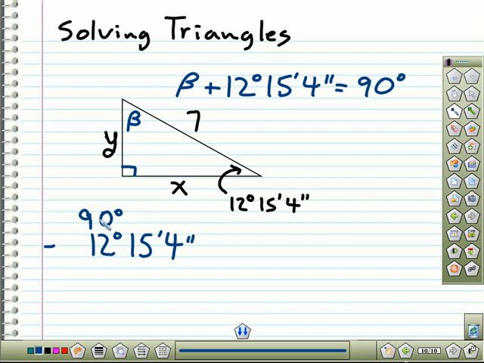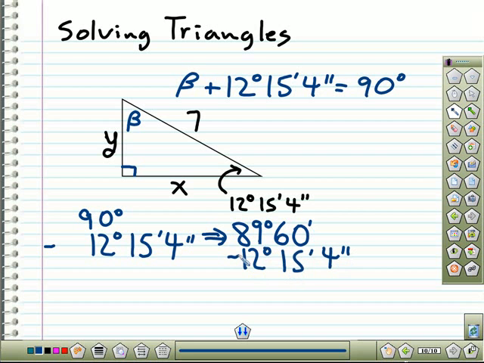Make this 89 degrees, and then I've got 60 minutes, and I still don't have any seconds.